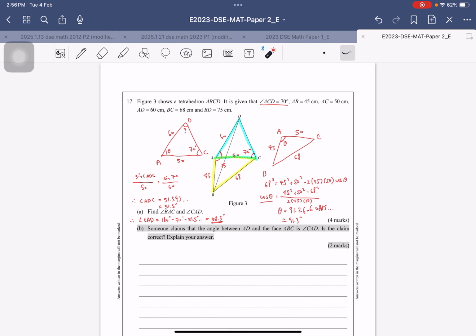So you don't need to learn the 3D trigonometry. It's not extremely hard, it's hard to think, but it's not worthy for you to get a level 4 or 5. So you don't need to do any of the 3D trigonometries.